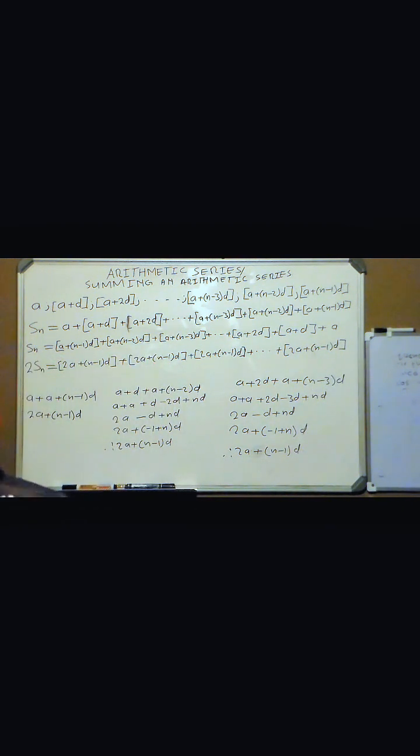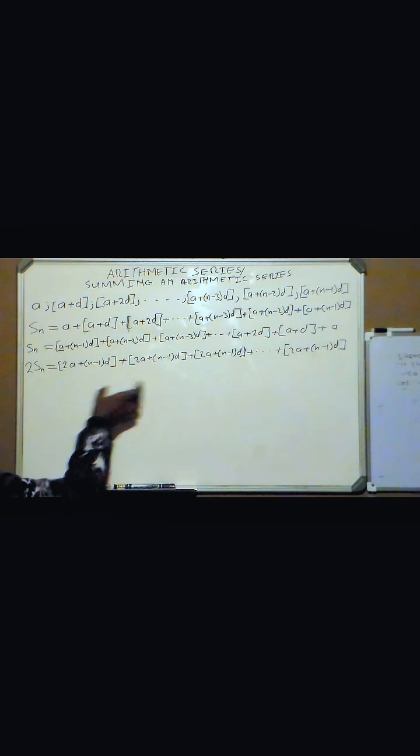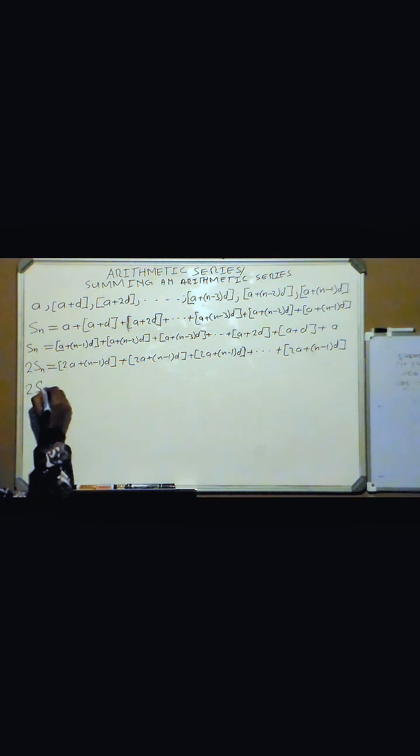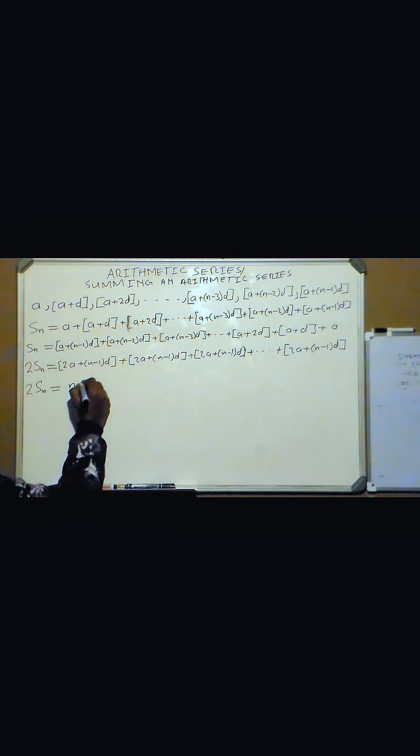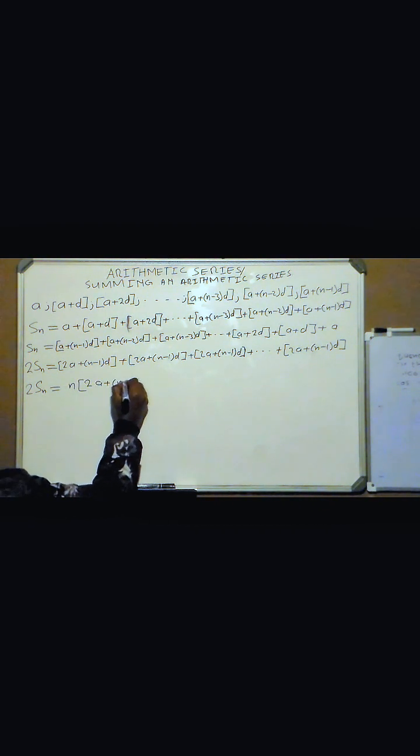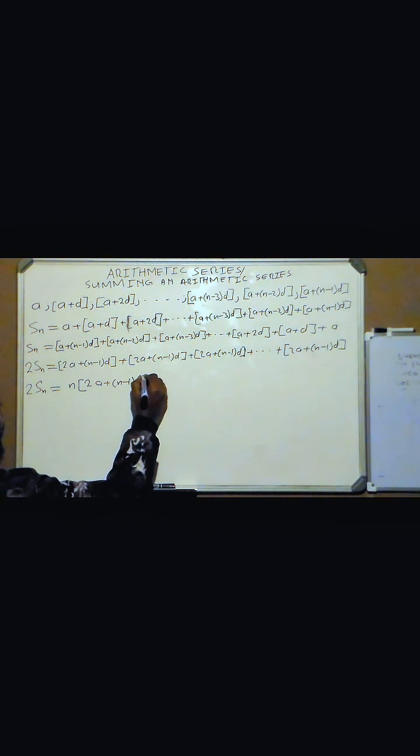So let's erase this. Now we know that we are adding this n times, right? Which means this expression is going to repeat itself n times. So we can write this as 2 S sub n equals n multiplied by 2a plus n minus 1 multiplied by d.